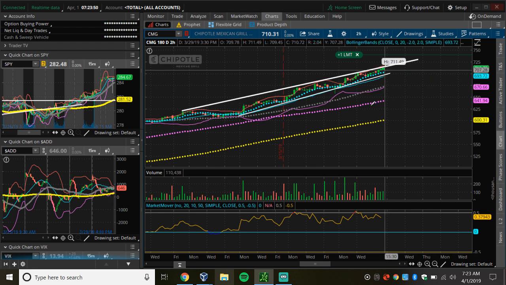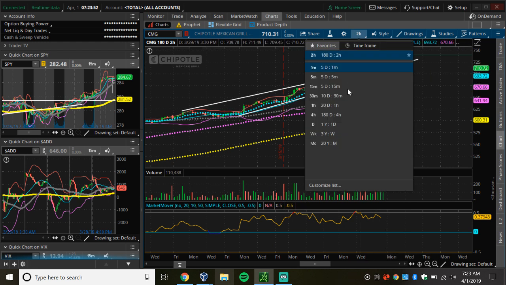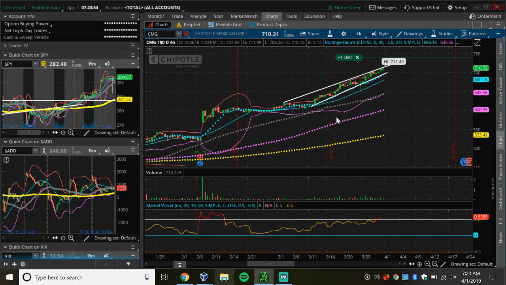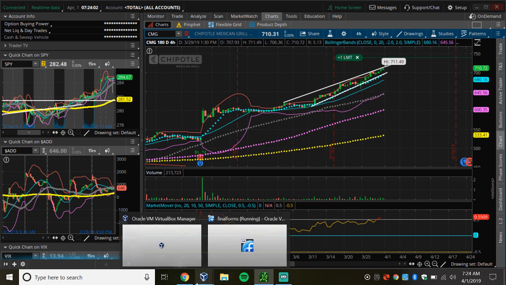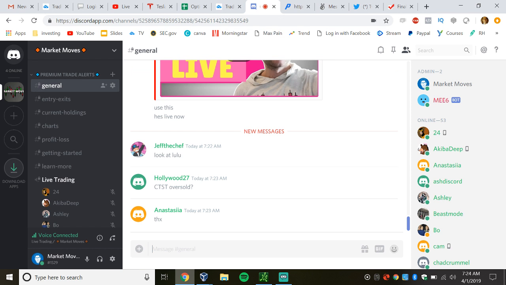I'm still waiting for 720, 730 to come in. Any really big uptrend will just be a better place to enter. So I'm not looking to enter CMG right at the open. CMG and Tesla, not looking to enter at open. Waiting.